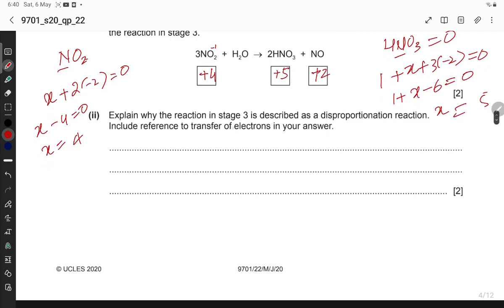Explain why the reaction in stage 3 is described as a disproportionation reaction. Include reference to transfer of electrons in your answer.